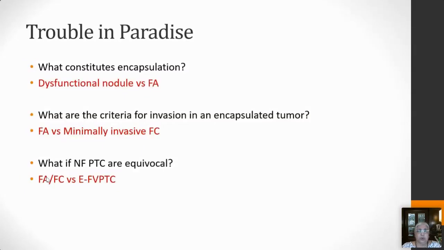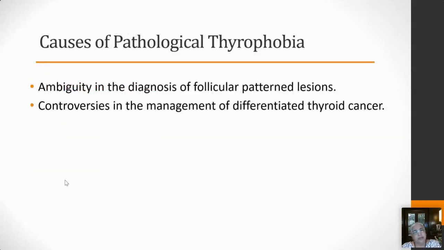So these were the real problems that were thought about. There were lots of papers that were written on these issues. So let's take them one by one and see how we have sorted out the problems, if we have sorted them out at all. And these were really the causes of pathological thyrophobia, because there was ambiguity in the diagnosis of these follicular pattern lesions.